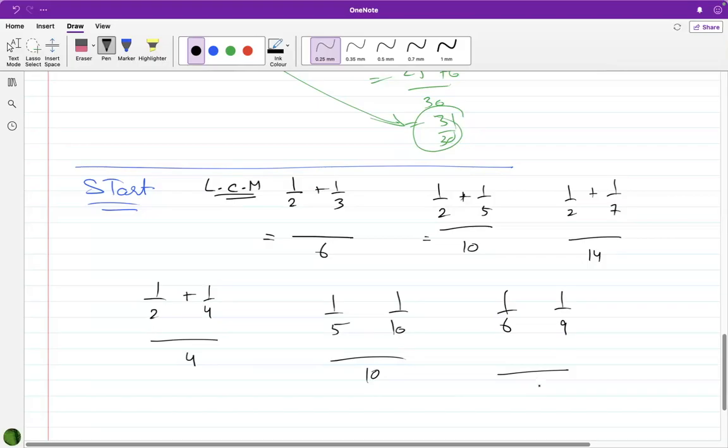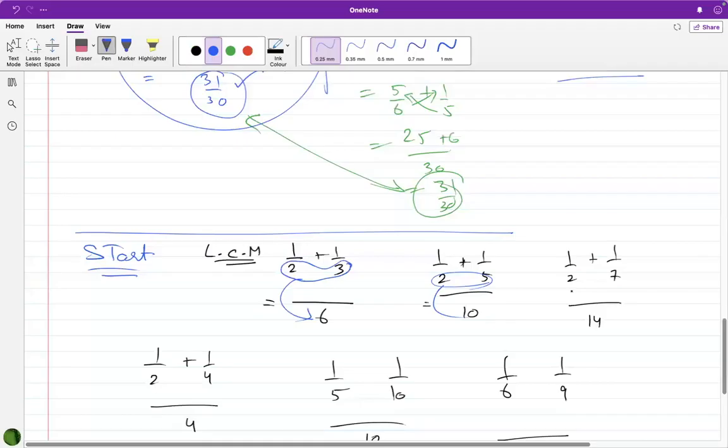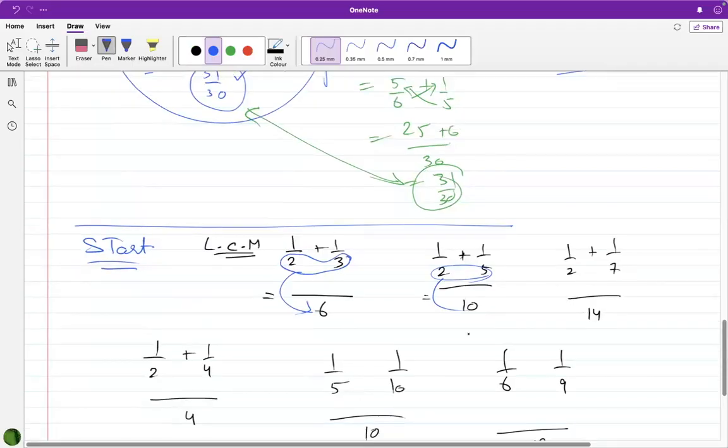Correct. So when the numbers are not factors of each other or not the multiples of each other, we just multiply them to get LCM. 2 5 times is 10, 2 7 times is 14, and so on. And we know when they are in the same table, the larger number is the LCM.